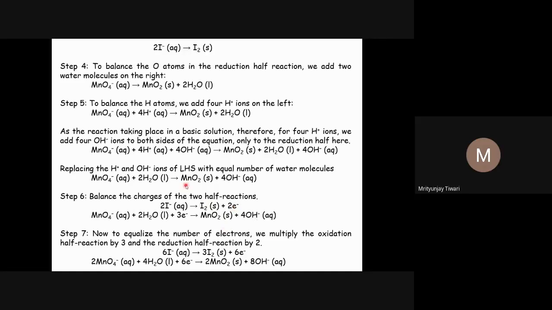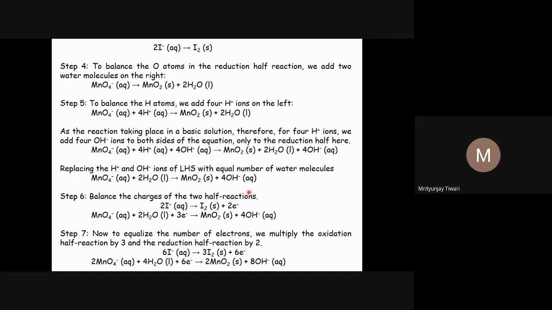Now the second half. To balance it in terms of net charges, let us first calculate the net charge. There is minus 1 charge on the left hand side, and on the right hand side we see 4 OH-, so minus 4 net charge.